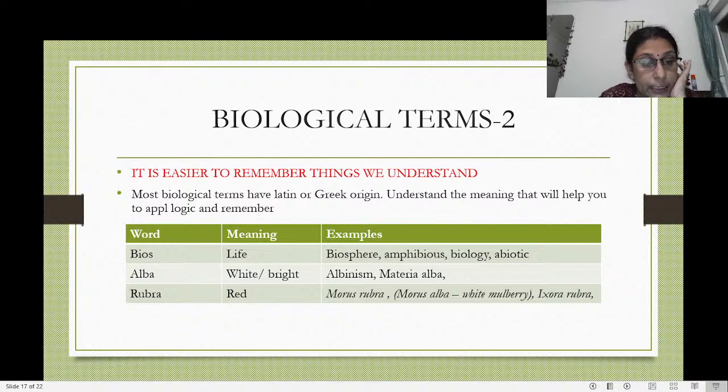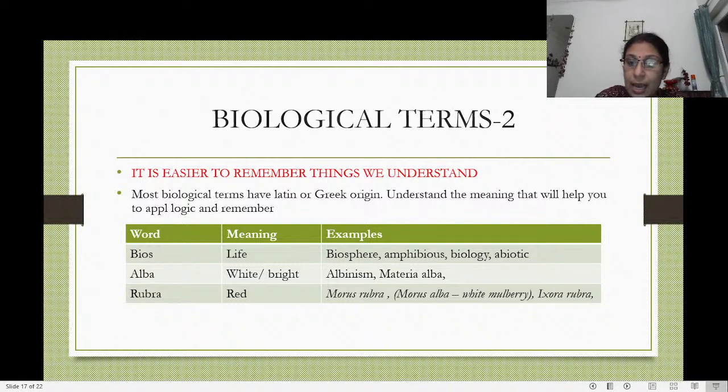Okay, then alba. Alba means white or bright. So when it comes to albinism, it's like the white patches on the skin, right? Materia alba. So wherever the word alba is, alba means white. Similarly, the word rubra means red. So Morus rubra, that is red mulberry, as against Morus alba, which is white mulberry.